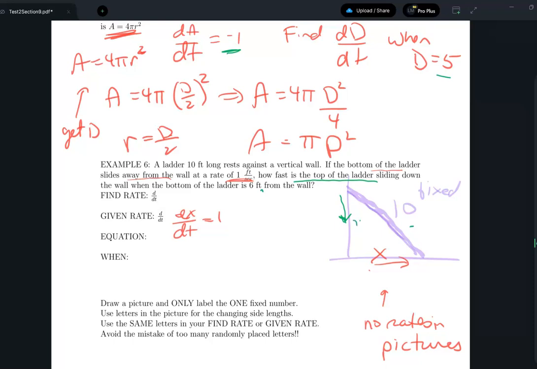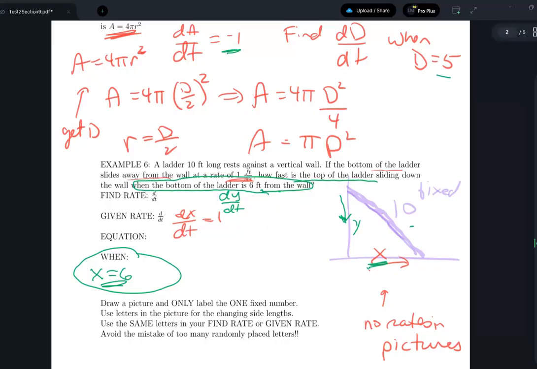So I'm going to label this Y, and I want to find dy over dt. How fast is that changing? When information, they almost always use the word when. So when the bottom of the ladder is 6 feet from the wall, so when x is equal to 6. Be careful, don't use x as 6 in the picture yet. Save it until after the derivative.